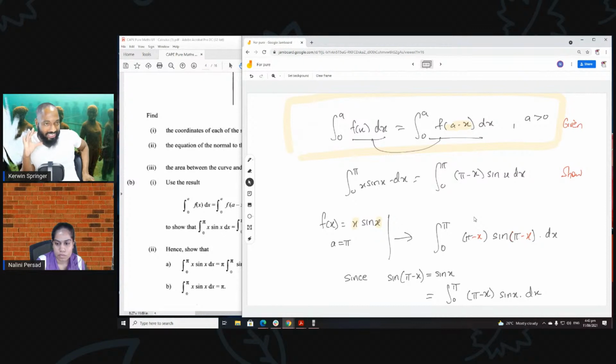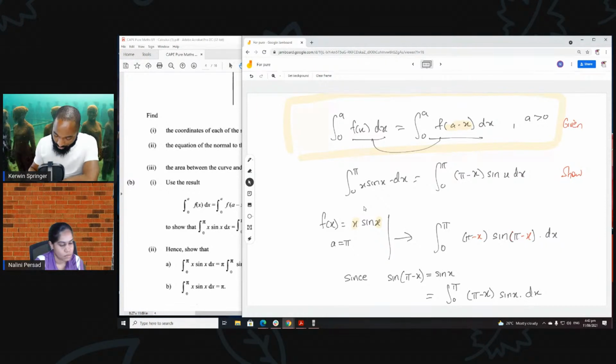So the question is abstract because it has letters and all kind of things, but it's just a substitution. Let me know if you all understand what happened in here. Let me try and explain it again one more time. This was given.